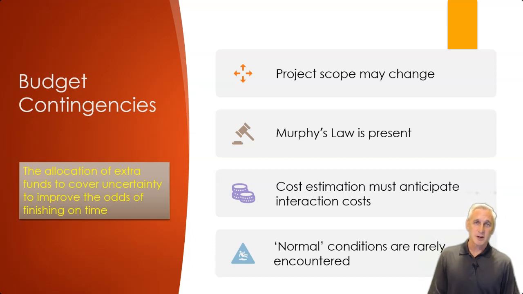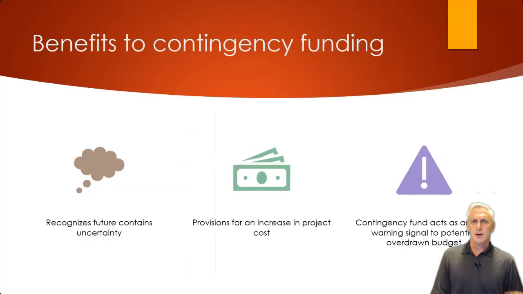But still, again, things happen. So for the small contingencies, you can plan ahead for that. For other things, you might need insurance or larger risk plans. What are the benefits of contingency funding? Well, it puts in place that you've actually thought that there's going to be uncertainty, and so you've planned for that. And so you have some provisions to handle that buffer, if you will, of funds that might be required.